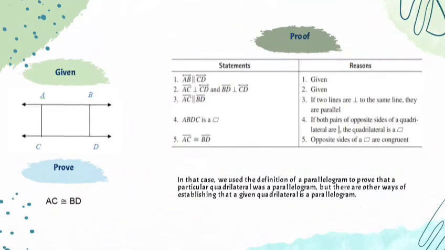Statement 5: segment AC is congruent to segment BD; the reason is that opposite sides of a parallelogram are congruent. In example 3, we used the definition of a parallelogram to prove that a particular quadrilateral was a parallelogram, but there are other ways of establishing that a given quadrilateral is a parallelogram.